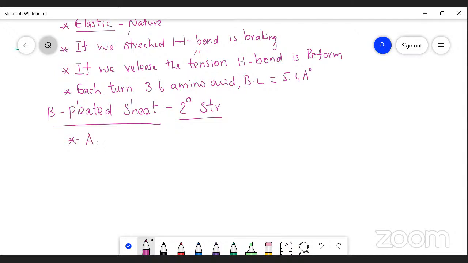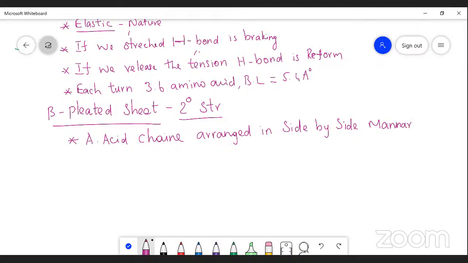In this side by side manner, we get the beta pleated sheets.